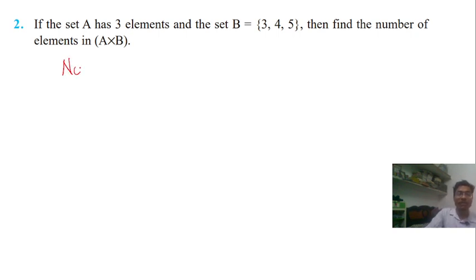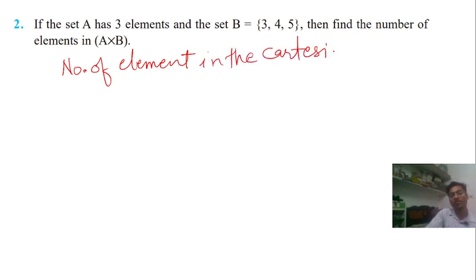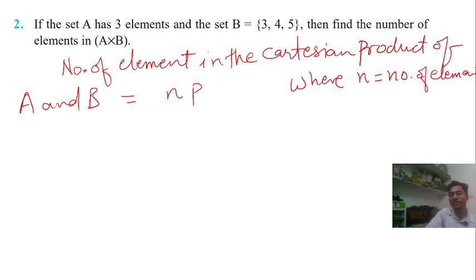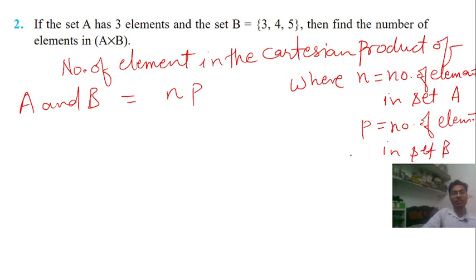So the formula for the number of elements in the Cartesian product of A and B will be NP, where N is the number of elements in set A and P is the number of elements in set B. So to find the total number of elements in any Cartesian product, we will have to first know the number of elements in each individual set.